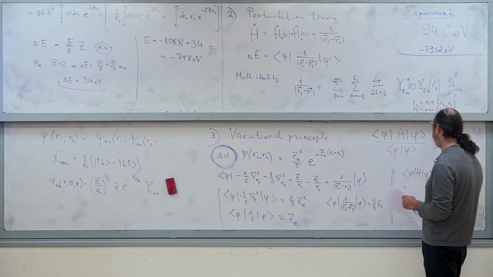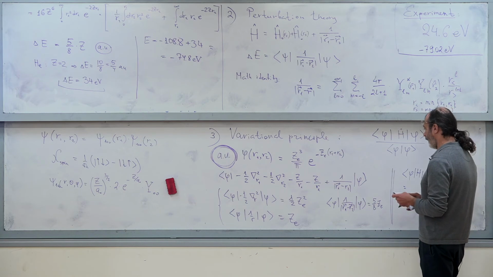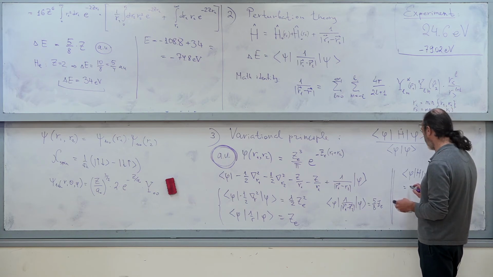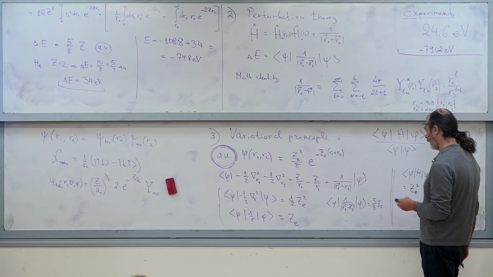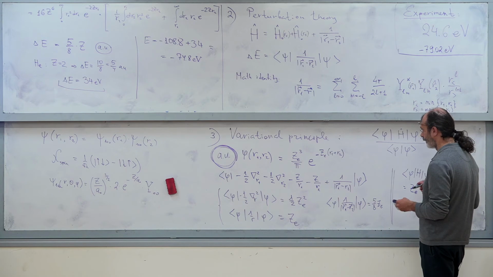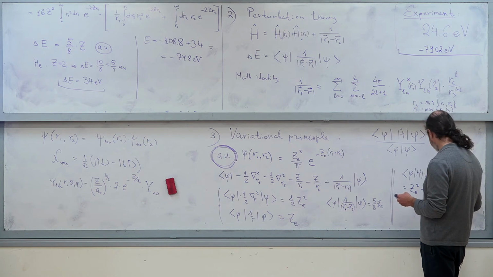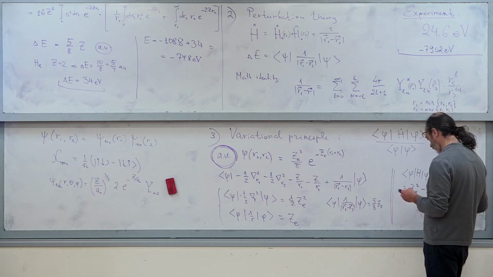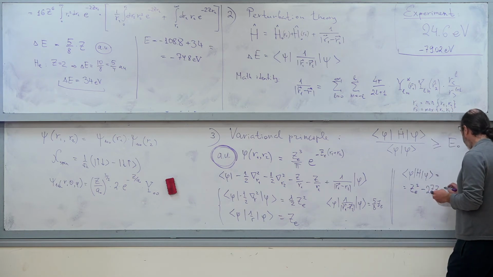It gives me ZE squared minus 2 Z ZE plus 5 divided by 8 ZE.